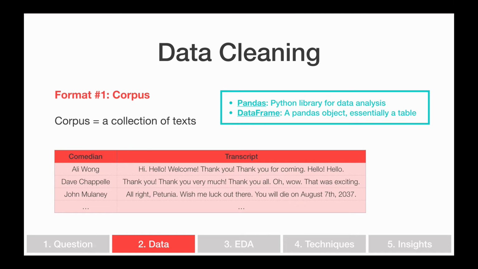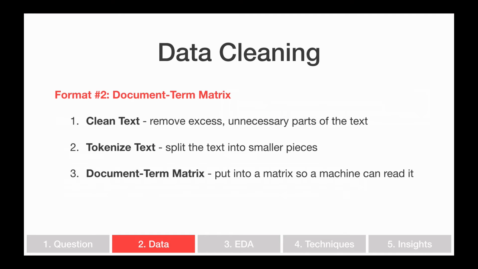And the way I got my data into this corpus format is I used Pandas, which is a Python library for data analysis, and I put all of this transcript data into a data frame, which is essentially a table within Pandas. All right, so that was the first format, which is a corpus. It's pretty straightforward. All you have to do is you take all of your transcript data and you put it into a table, or I put it into a data frame.